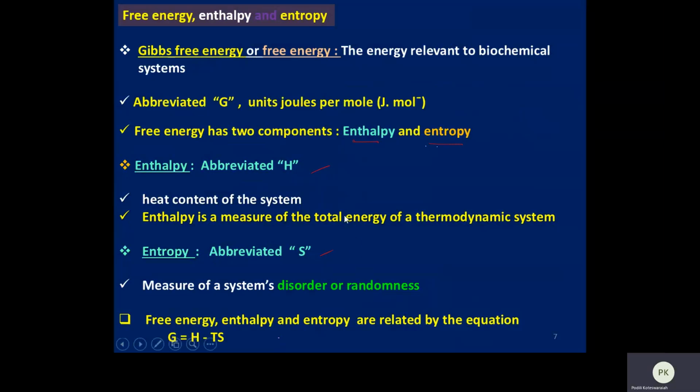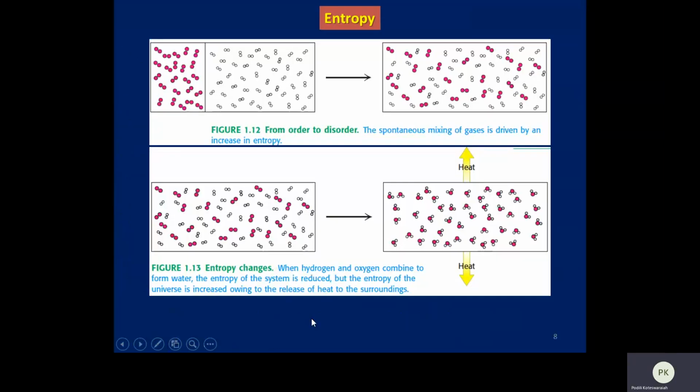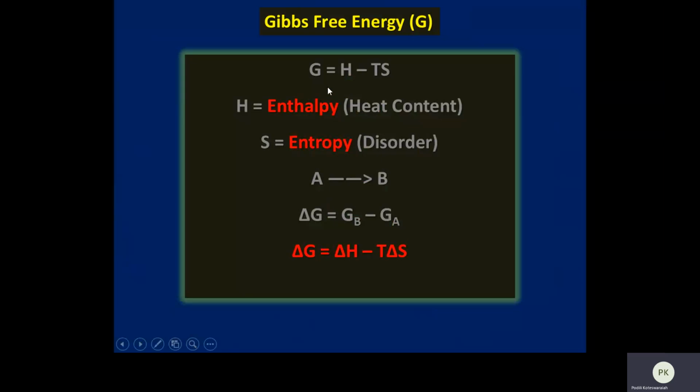The relationship is G equals H minus TS, where H is the heat content, that is enthalpy, and S is the entropy. Therefore, delta G equals delta H minus T delta S.